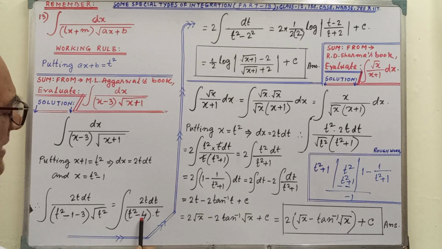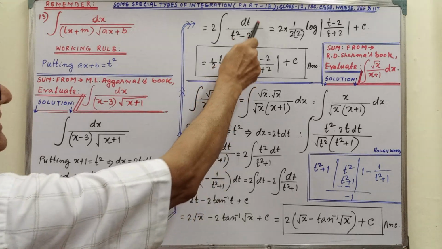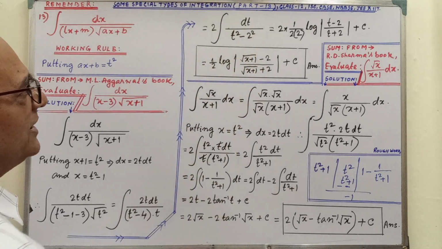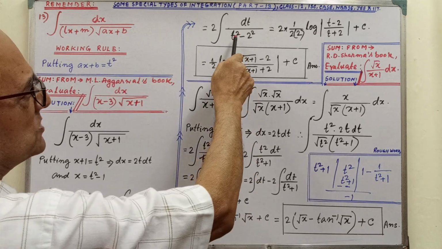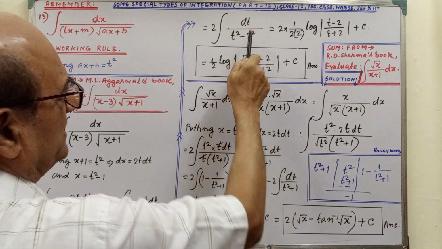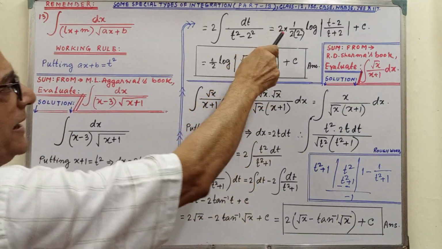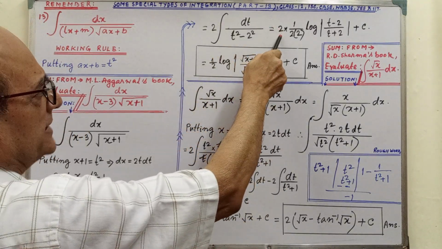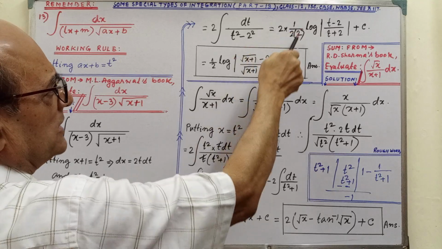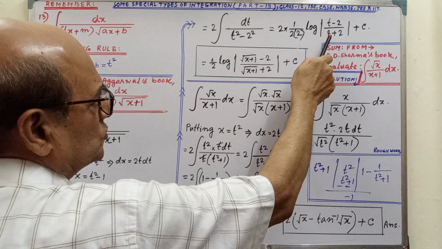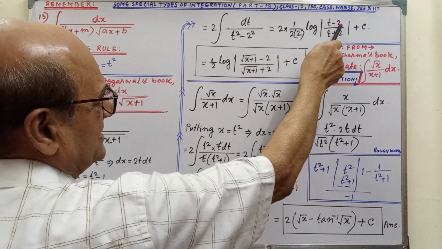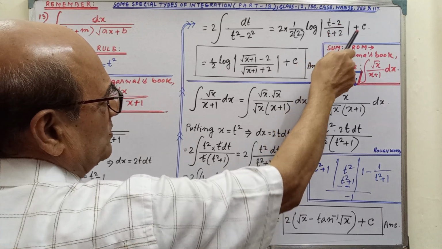In place of 4 we may write 2 square. Then we are getting the frame of the formula, integration dx by x square minus a square. In place of x here is t, in place of a here is 2. So by applying the formula, these two will remain as it is. Then by applying the formula 1 by 2a log of x minus a by x plus a, in place of a that is 2, we get log of t minus 2 by t plus 2, plus c.